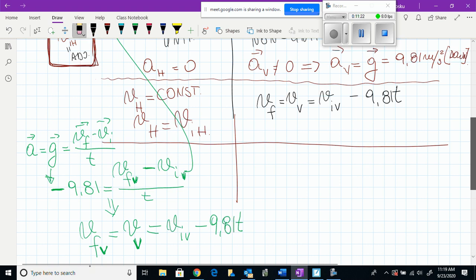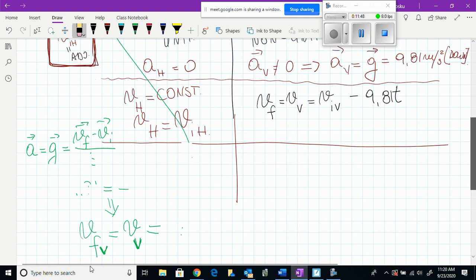Okay, I will erase those because I need to write down the displacement, because the third quantity that we deal with when we are discussing the motion of an object is the displacement.